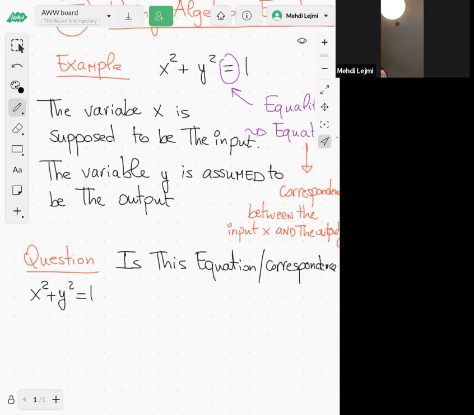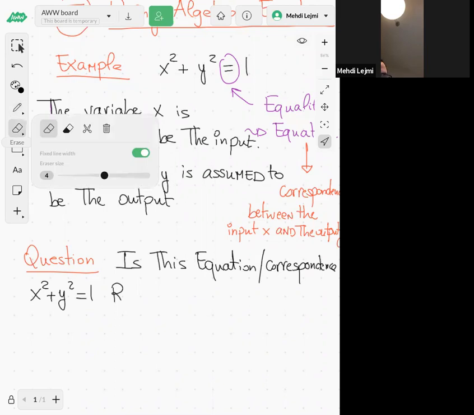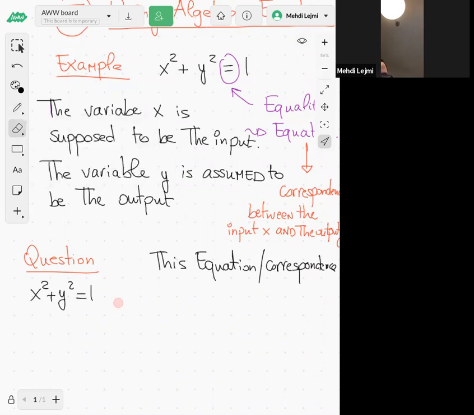So is this correspondence or equation representing a function? Let me remind you what the rule is: each input x corresponds to exactly one output y.